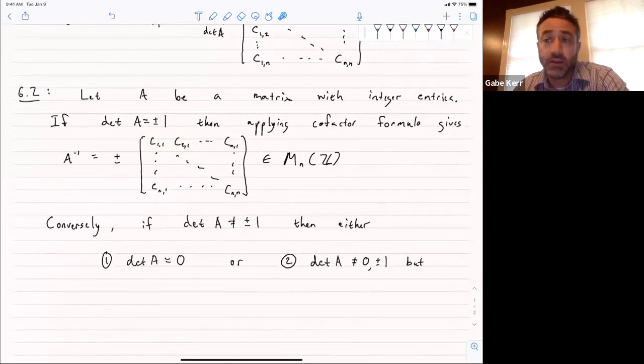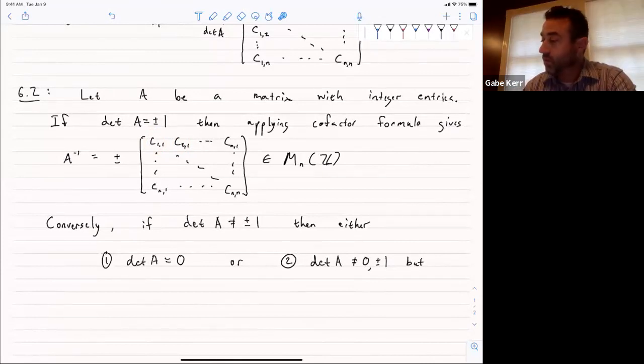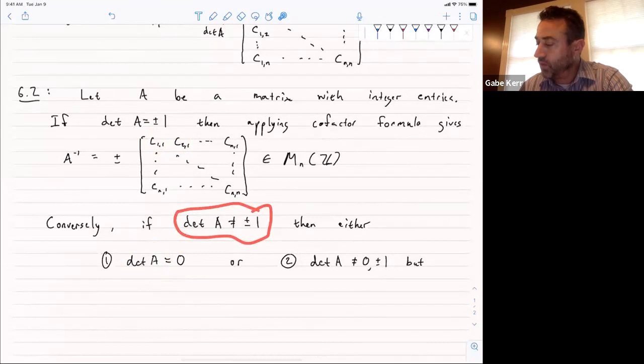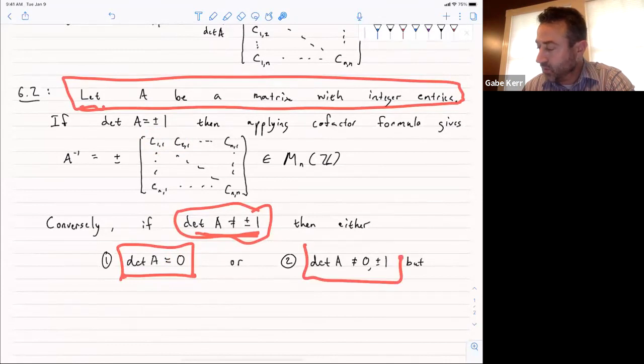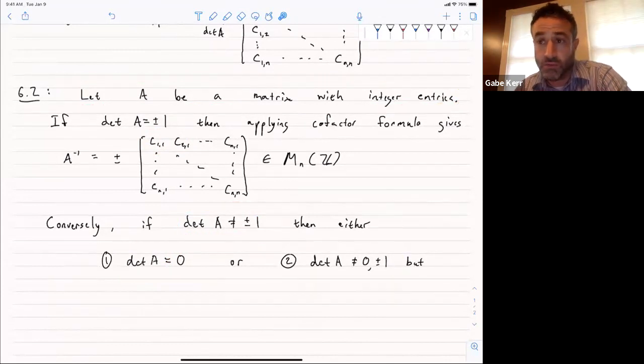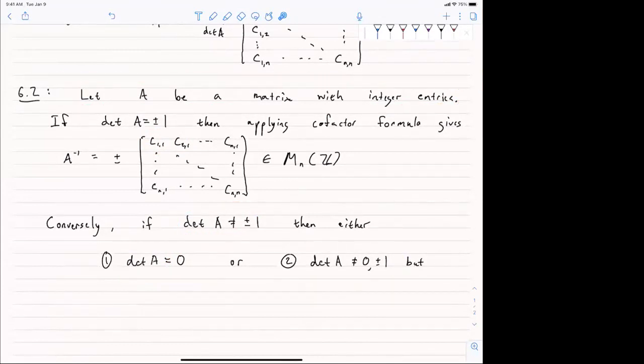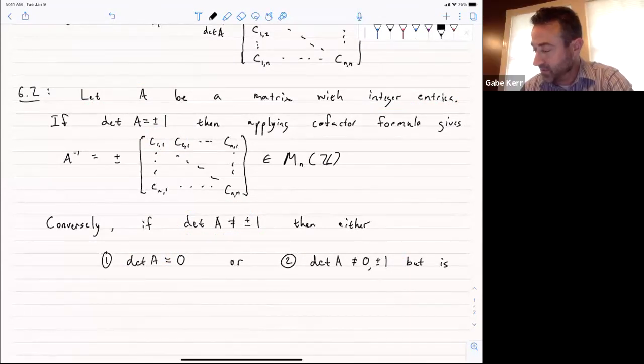So what we know about this determinant, which we're going to assume is not equal to plus or minus 1, is that because A has integer entries, it's an integer. That's an important thing we want to observe.